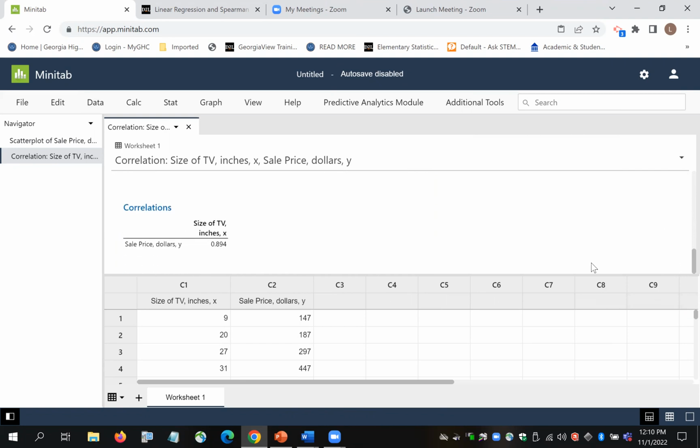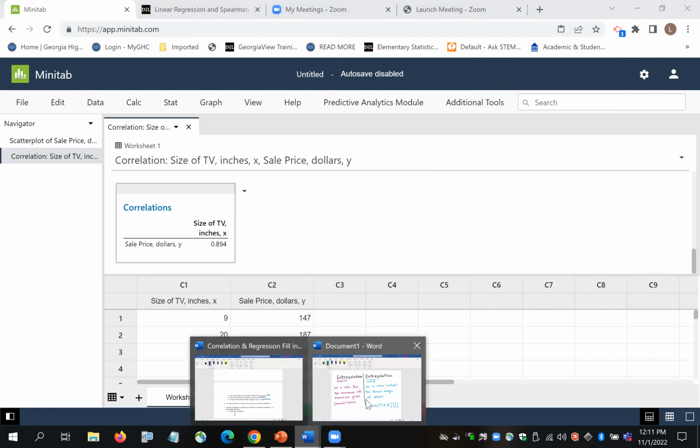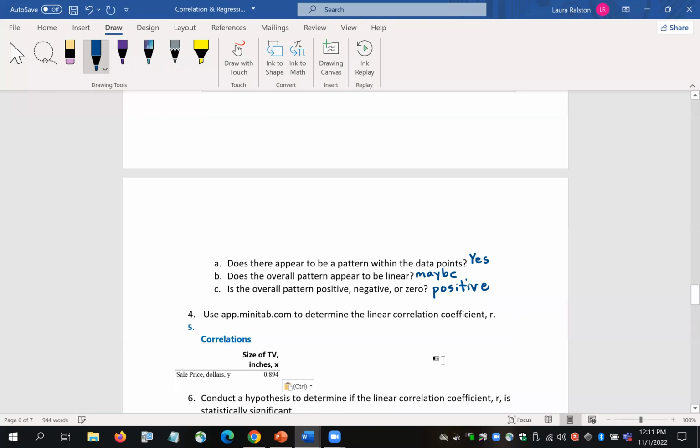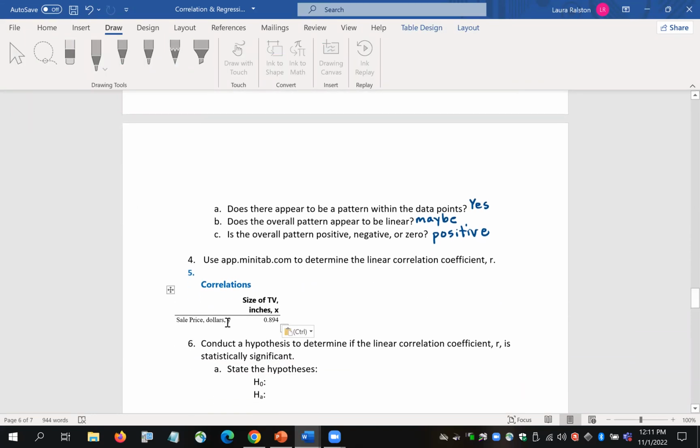Or if I scroll down to correlations, it gives me the correlation between the sale price and the TV. And we get the R value, R equals 0.894.